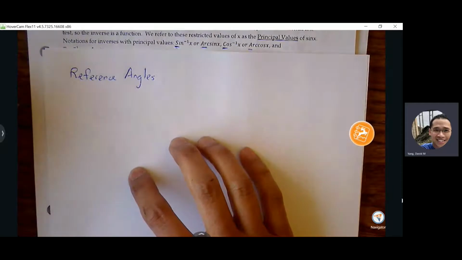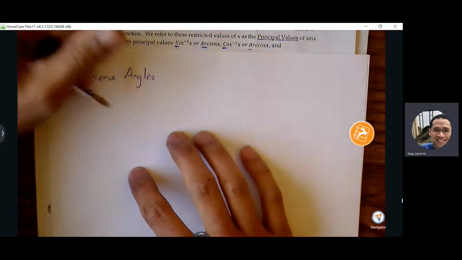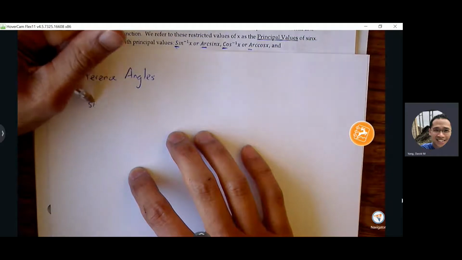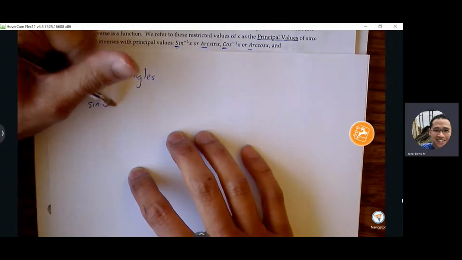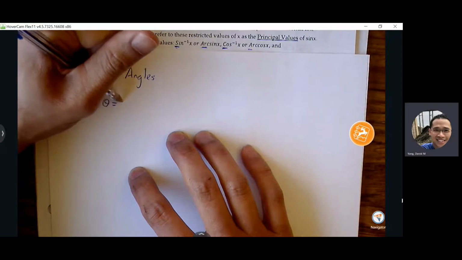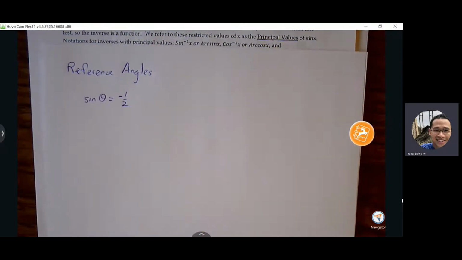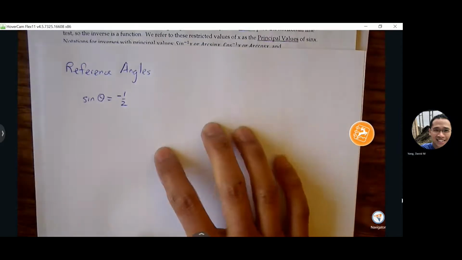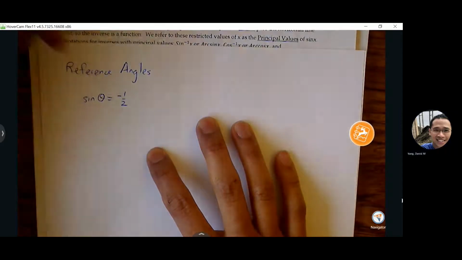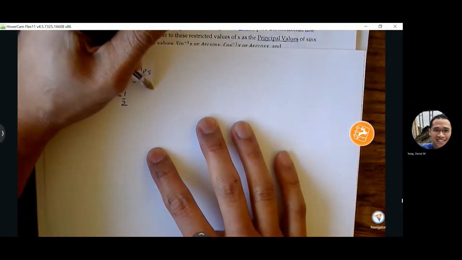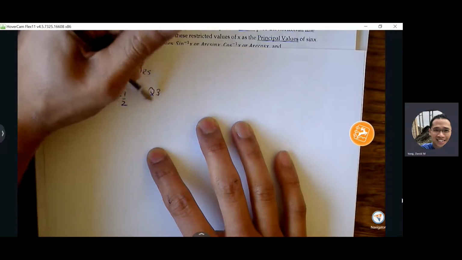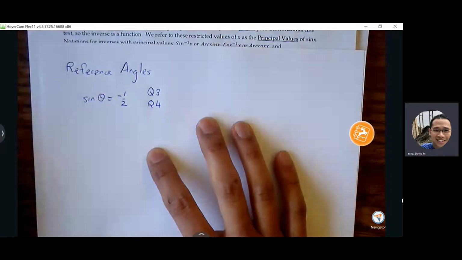So for instance, let's say I said sine of theta is equal to negative 1/2. Right. So where's sine going to be negative? Which quadrant? Quadrant 3 and quadrant 4, right?